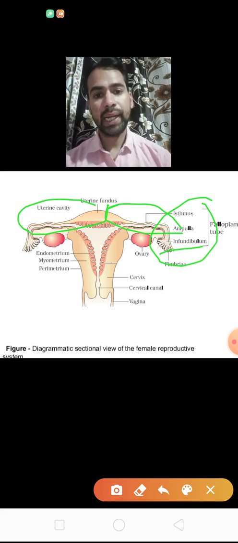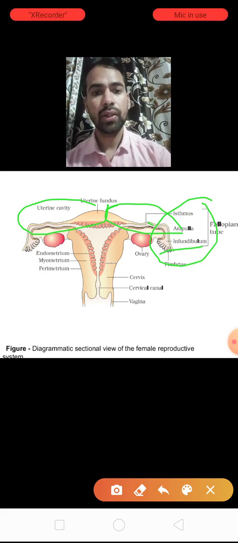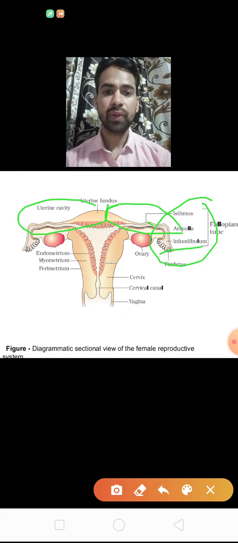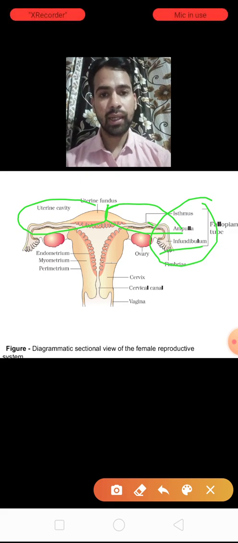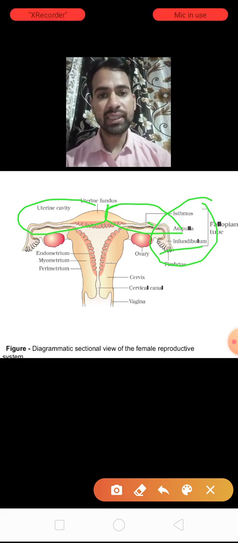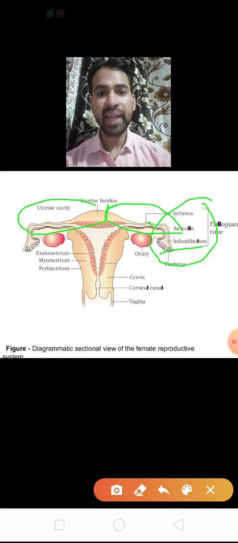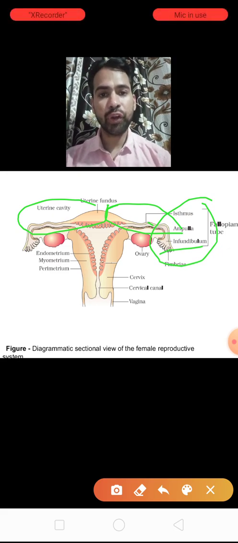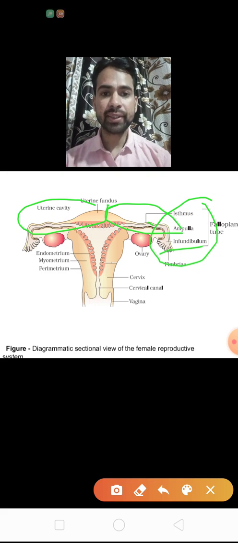And here in the region of the ampulla and isthmus, the fertilization process takes place. How the fertilization takes place, we'll discuss in the upcoming slides. Okay, so that is about the fallopian tube or oviducts.